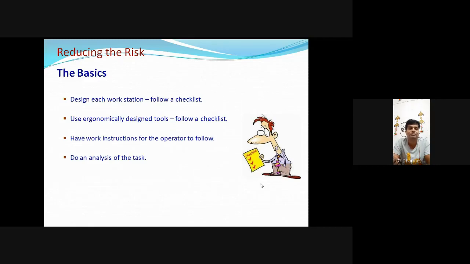We will evaluate the posture of the person: what position he or she maintains sitting on a chair, what the height of the chair is, and how many breaks he or she is taking per day.